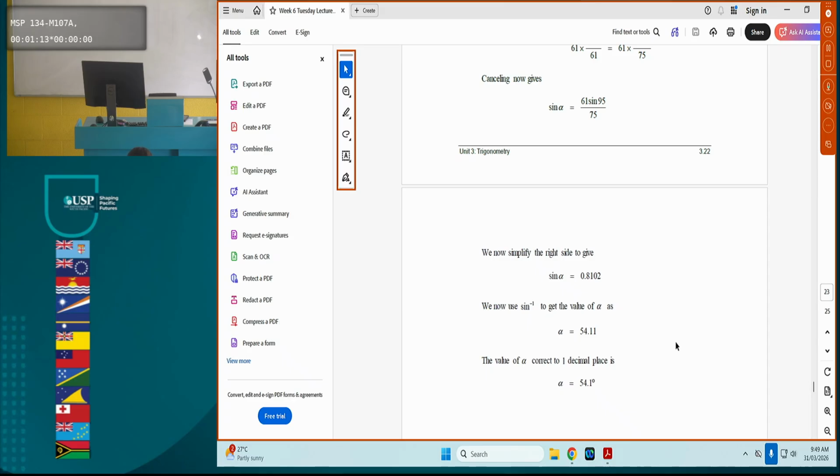Alpha equals sine inverse, bracket, 61 sine 95 over 75. Can you do this with me? Calculator: sine inverse, bracket, 61 sine 95 over 75. You should get the same answer. But for me, this is better because if we have to run it up to 4 or 5 decimal places, this is more accurate.